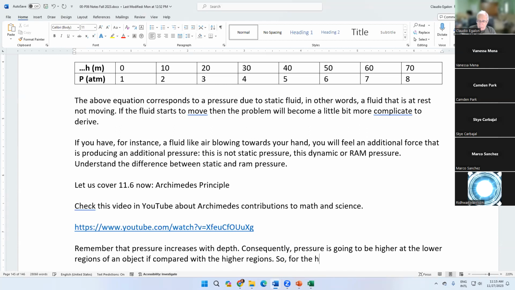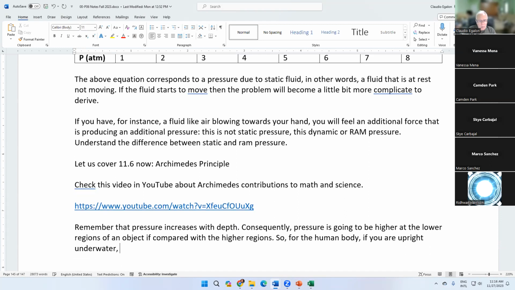So for the human body, if you are upright underwater, the water pressure at your feet, which is upwards, will be higher than the pressure at your head, which is going to be downwards.